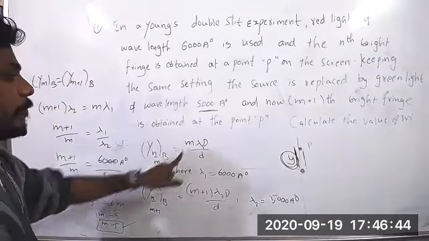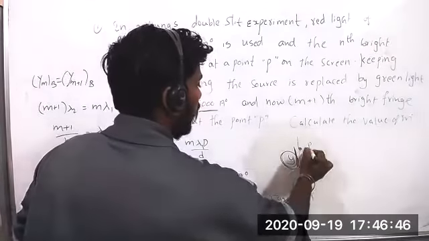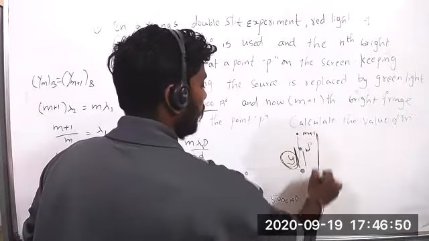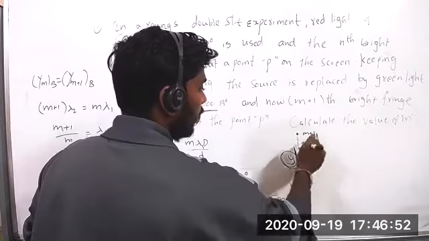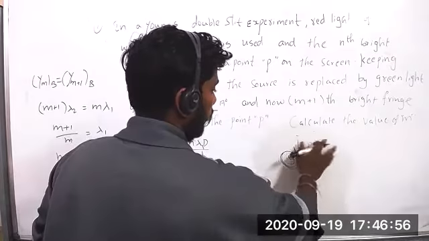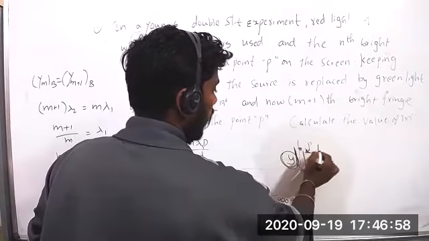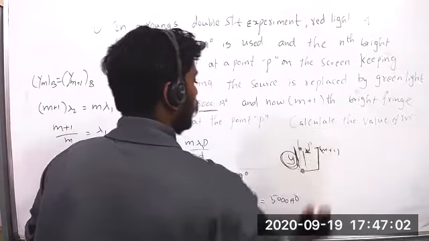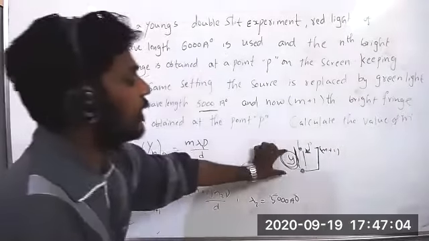It is for m, and one more is m plus 1. So the m plus 1 bright fringe also forms at the same place as the mth bright fringe. That is the reason the vertical distances are the same.